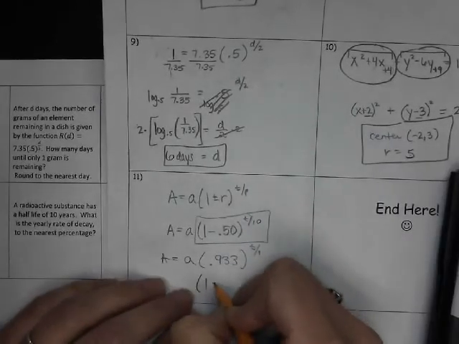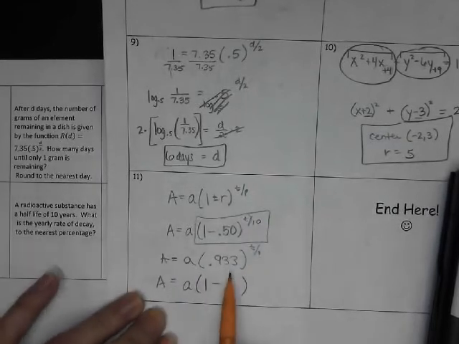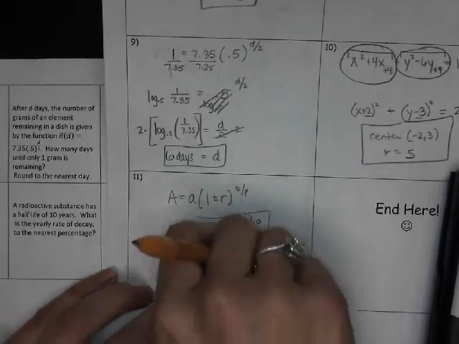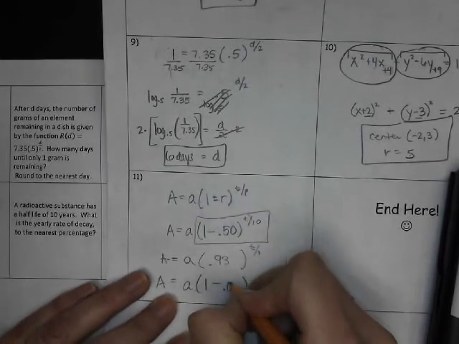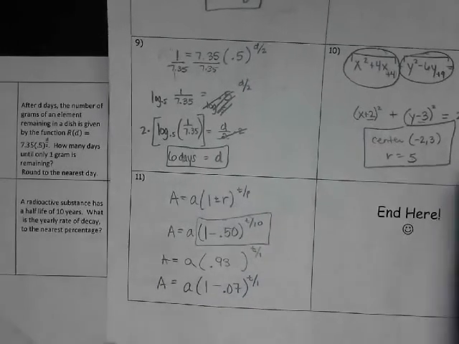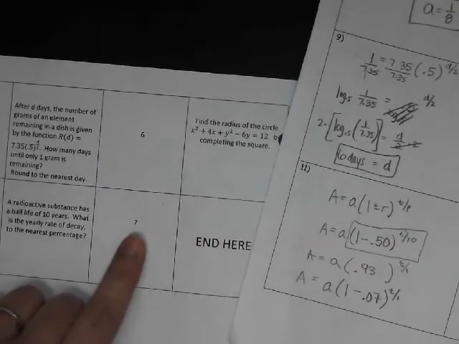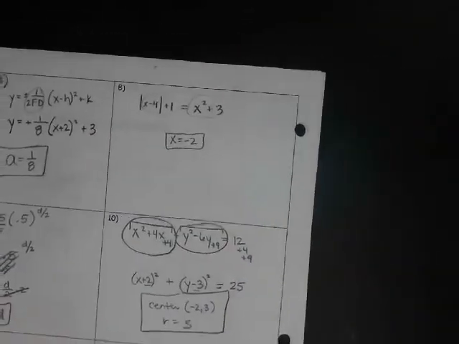So this is the same as 1 minus something, and it wants it to the nearest percentage, so I could kind of just have treated that as 0.93. We lost 0.07 to make that happen, so it's a loss of 7% on a yearly basis. And that is the end of the domino.